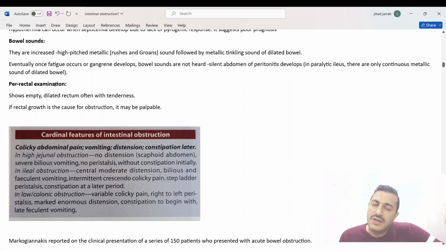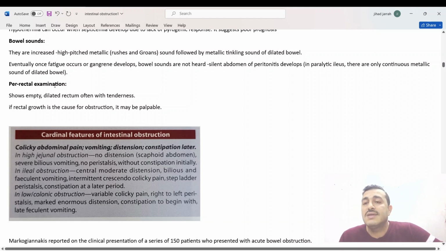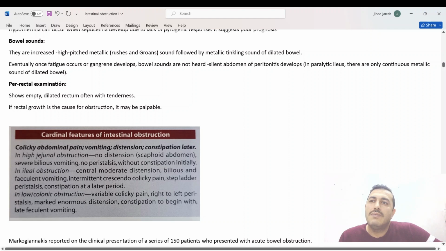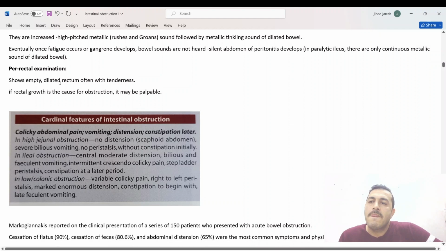What is the most common site to hear? Different literature says you have to listen in the four quadrants, but we can take the classic teaching: the right iliac fossa. What else do I want to add about bowel sounds?